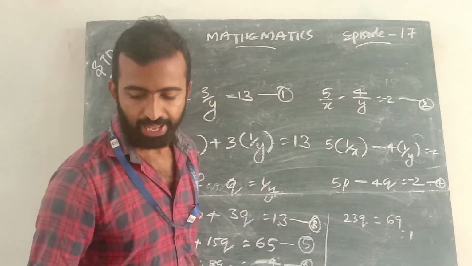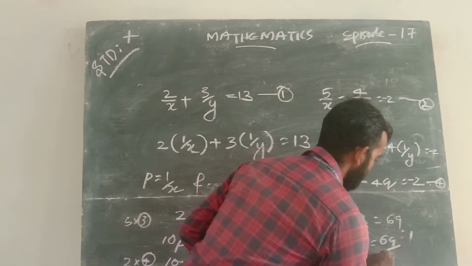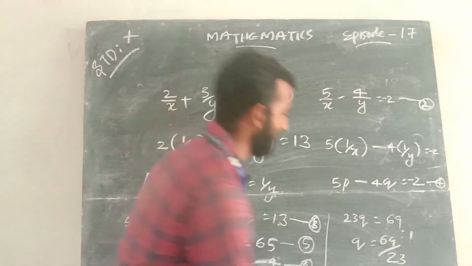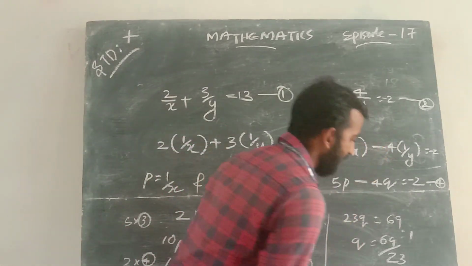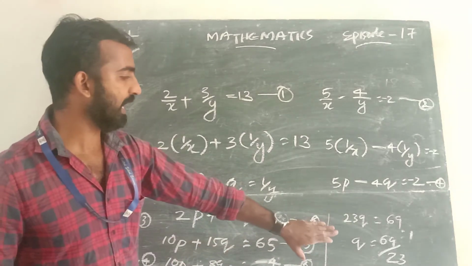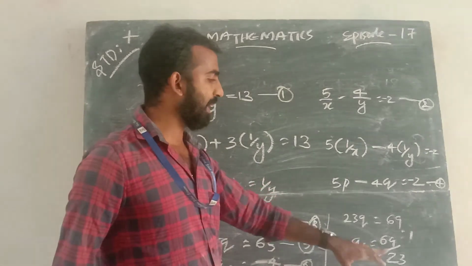That is q equal to 69 by 23, that is 3. The answer is q equal to 3.